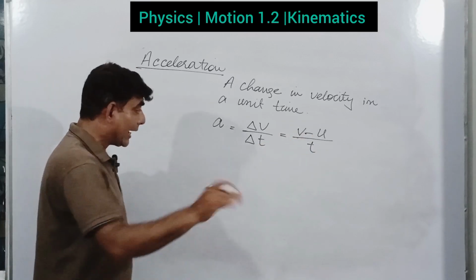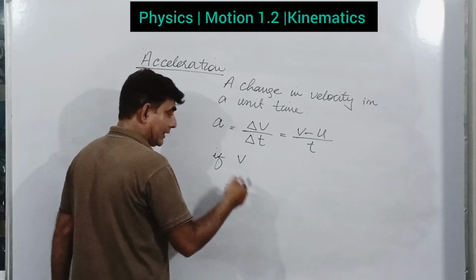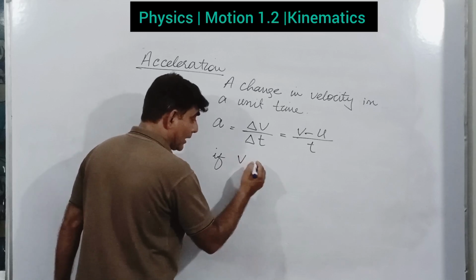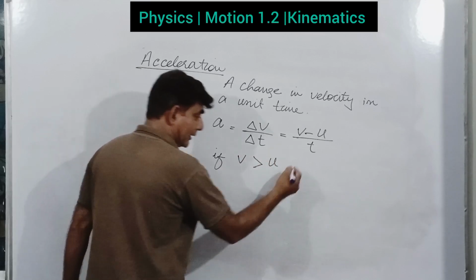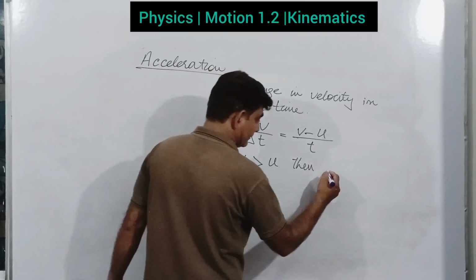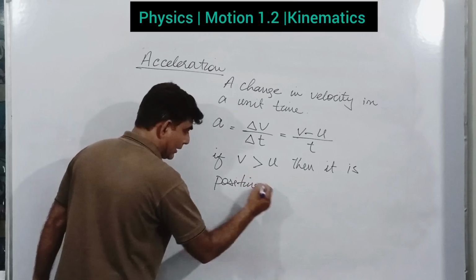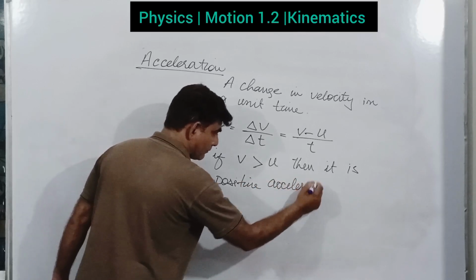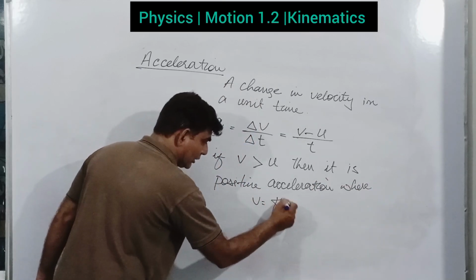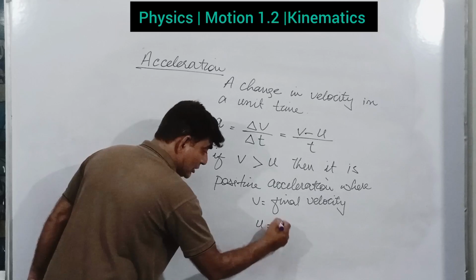This is acceleration. And if the final velocity v is greater than the initial velocity u, then the acceleration would be positive acceleration, where v is the final velocity and u is the initial velocity.